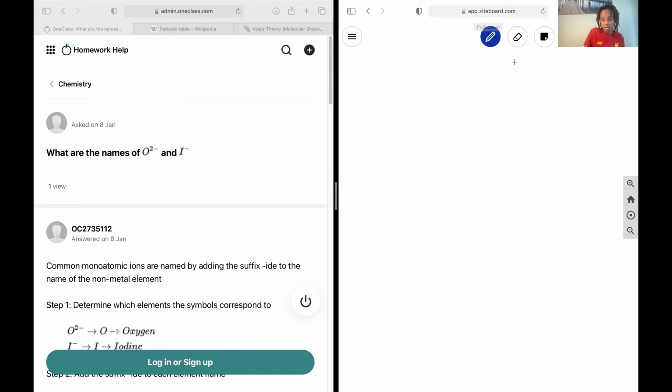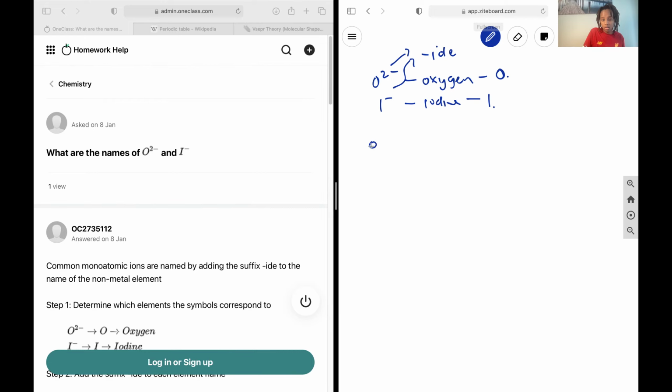We'd like to find out the names of these two ions. So O2-, we know that the atom is oxygen, which is O. I-, we know the atom is iodine, which is I. Now, to account for the fact that these two have negative charges, we add the suffix "ide."